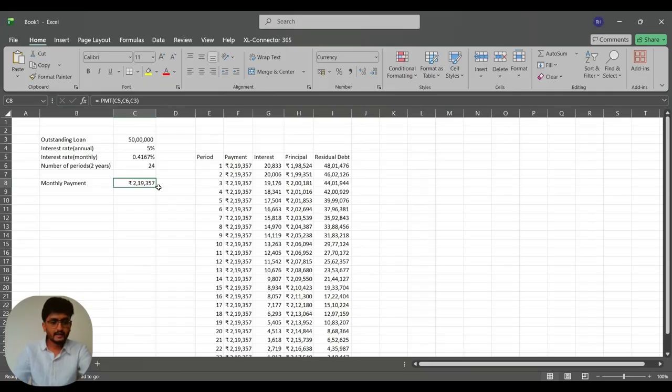Next, we have to learn what EMI is and how it works. EMI stands for equated monthly installment. It has two parts. The interest portion, where you pay interest on the remaining loan amount, and the principal portion, which reduces your outstanding loan.